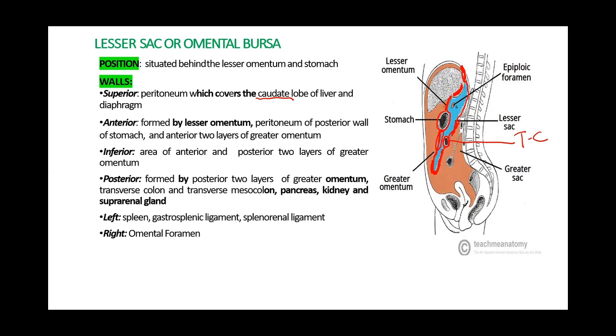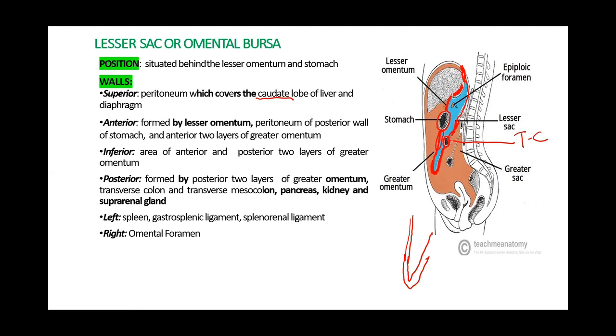I told you the omentum, these layers are double layer. It's a fold of double layer. That is the omentum, a fold of double layer. So we said posterior is formed by posterior two layers of greater omentum, transverse colon, transverse mesocolon.